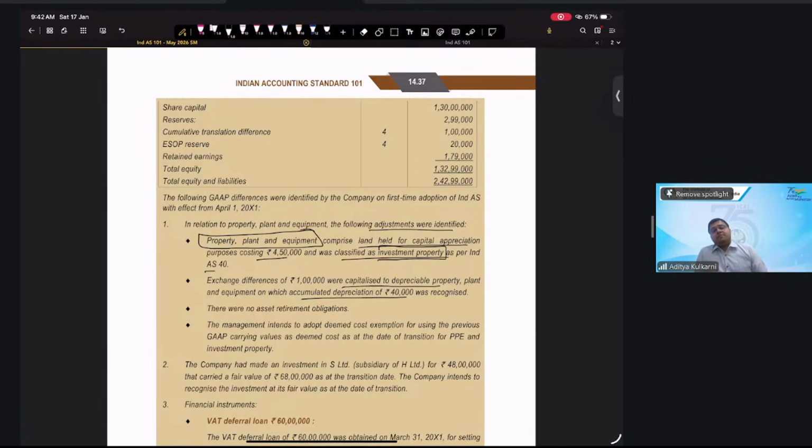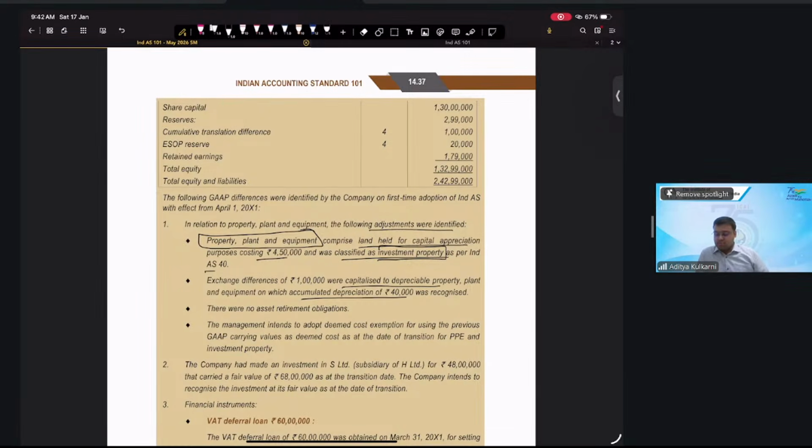This is which step? This is second step, second special case that we saw, foreign exchange. Could I capitalize exchange difference into PPE? Yes. If you had availed the option under AS 11, you could capitalize it. And on that, the accumulated depreciation is 40,000 rupees.